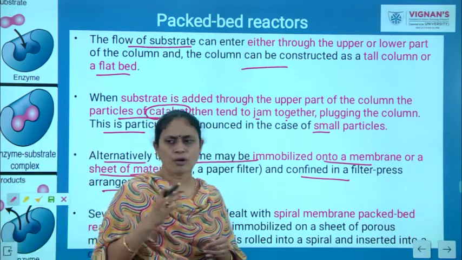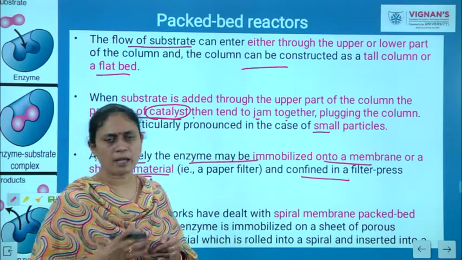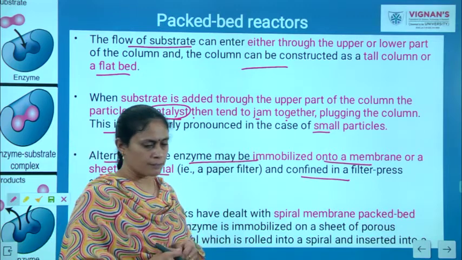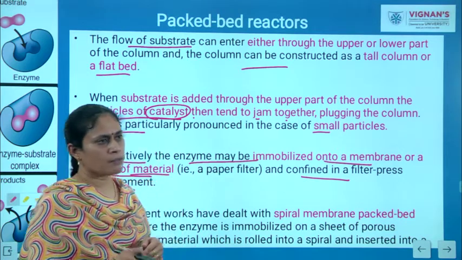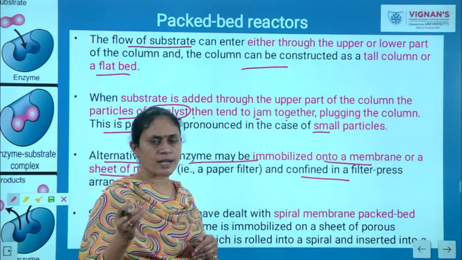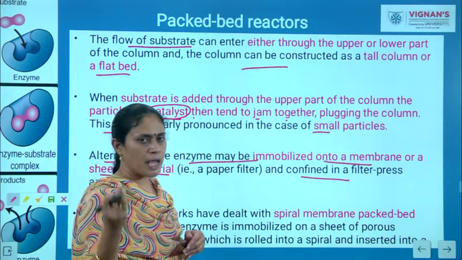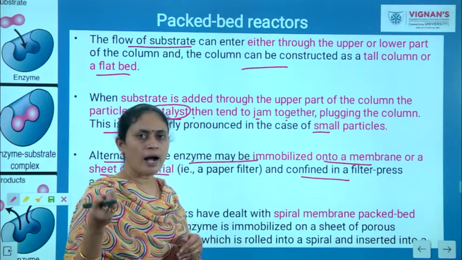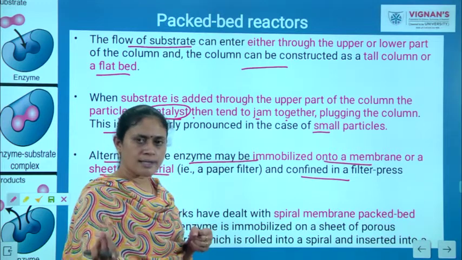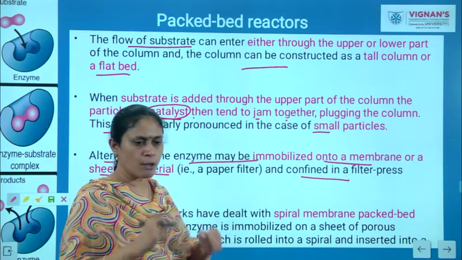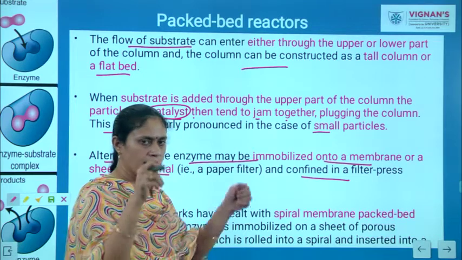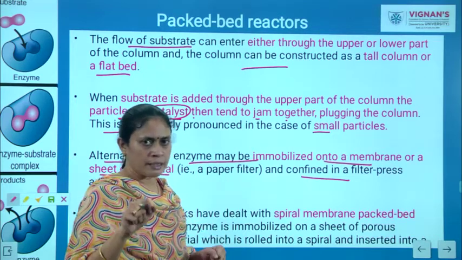A number of modifications to the packed bed reactor have occurred. As you pretty well know, if you are using your enzyme in the free state, there is every chance that your substrate gets jammed with your enzyme. So you are considering your enzyme in immobilized form. You are immobilizing your enzyme onto a proper sheet and placing that immobilized enzyme into the reactor.